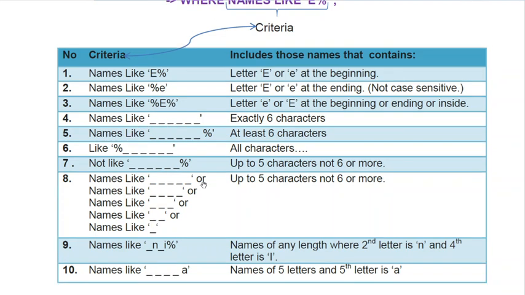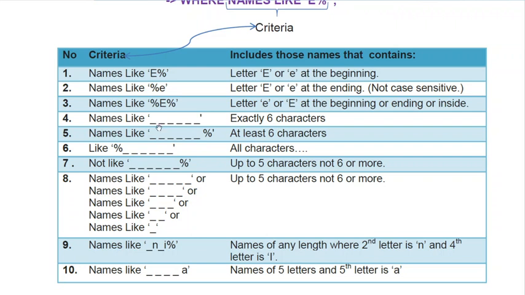Now the next example or type of restriction you can specify is using the underscore symbol. Here we have used 6 underscore symbols. When you type in MySQL, it will appear as a solid line, and there you won't find any gap between the symbols.